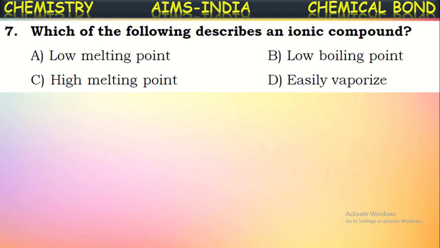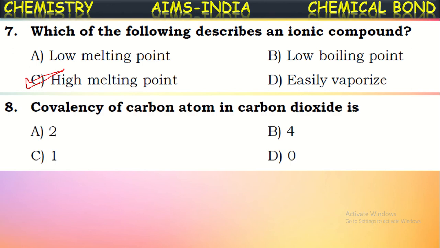So they will have high melting and boiling points. Because of the high electrostatic force of attraction between the oppositely charged ions, they are held tightly together. So melting them requires a very high temperature. So you can say the melting and boiling points of ionic compounds are very high.